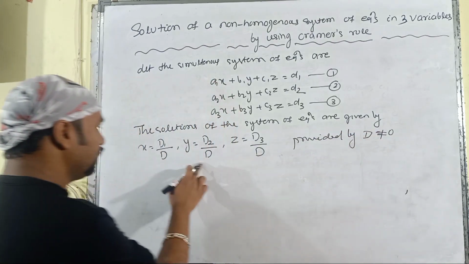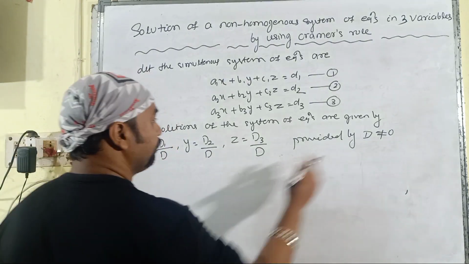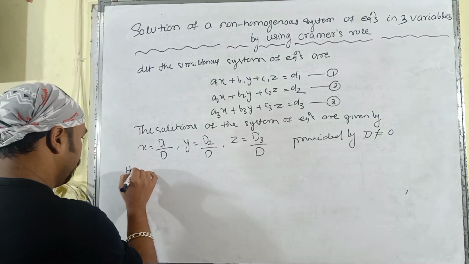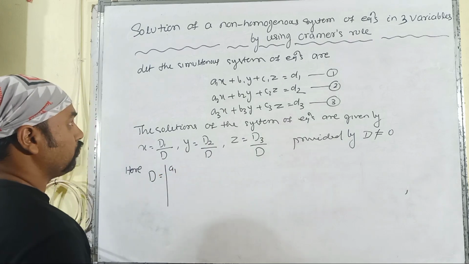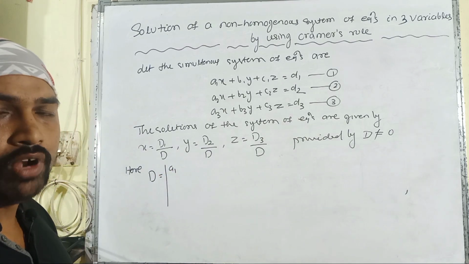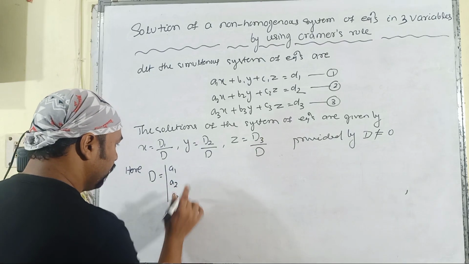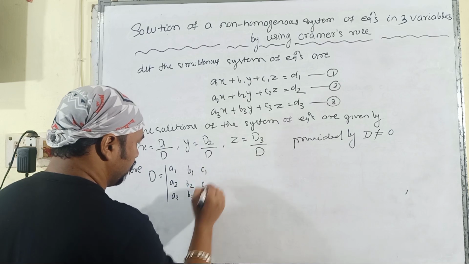As D lies in the denominator part, D must not be equal to 0. Here D is equal to the determinant of the coefficients of the x variable, y variable and z variable in the column manner: a1, a2, a3, b1, b2, b3, c1, c2, c3.